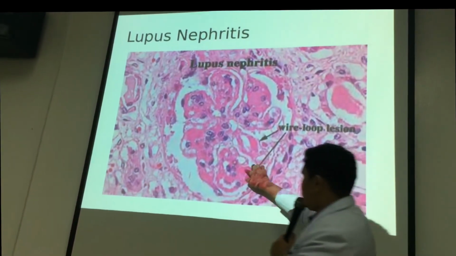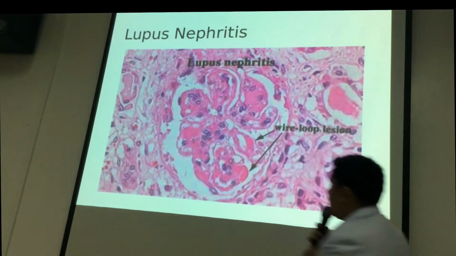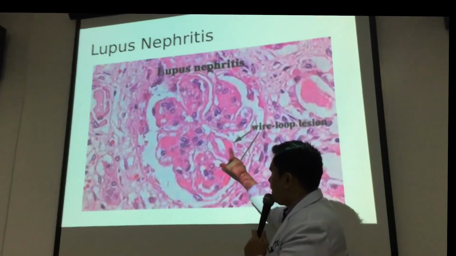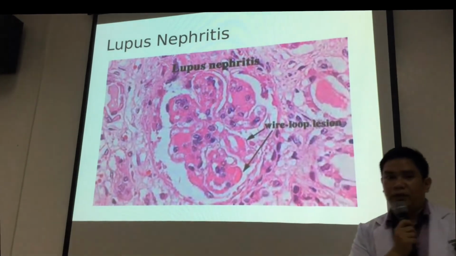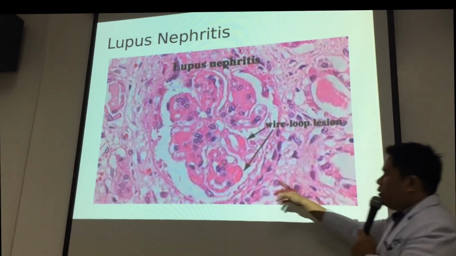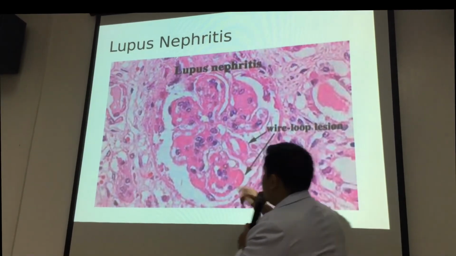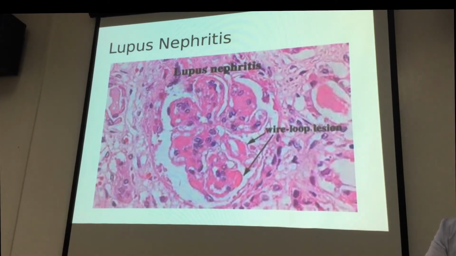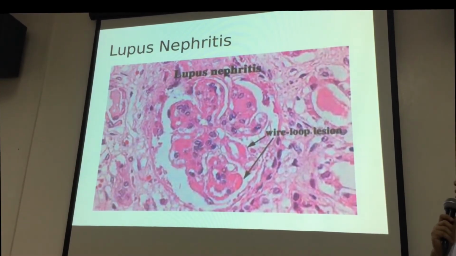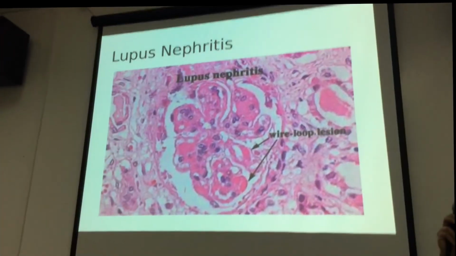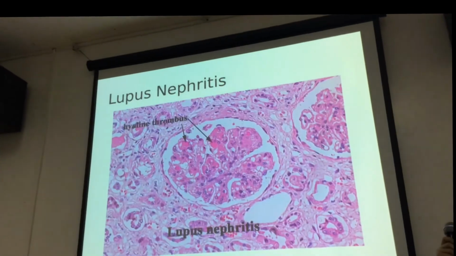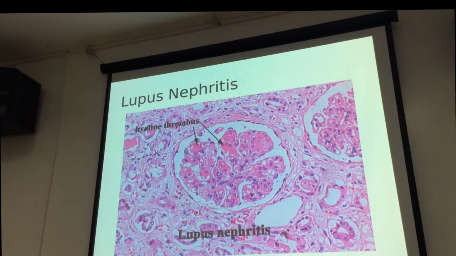So it could be C-shaped. This one is a little bit circular. So you have to be careful, because sometimes if you are not very keen, they will appear as nodular sclerosis from your diabetic nephropathy. But you will always observe a lumen. Now, you also have to watch out for the blood vessels. The renal tubules in this case would appear normal, but the blood vessels will also become affected.